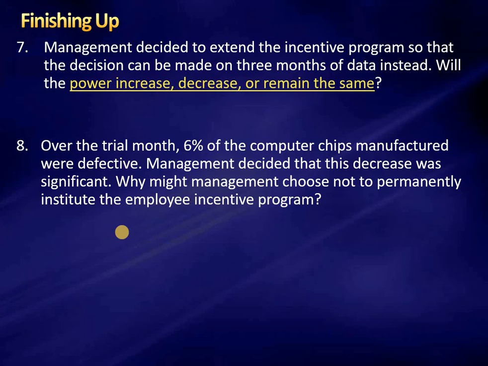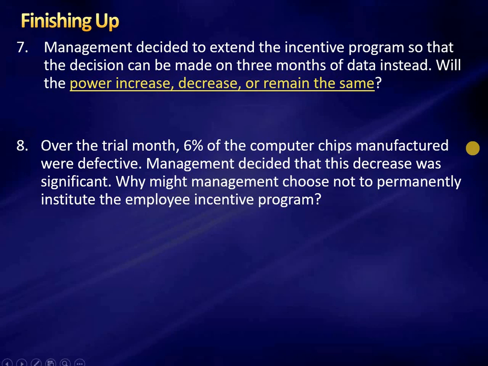Root PQ over N. So if I'm going from a 1 month trial to a 3 month trial, I'm changing N and making it bigger. If I make N bigger, what is that doing to the standard deviation? Making it smaller. And bigger is always better. So if I increase the sample size, what's going to happen to my power?